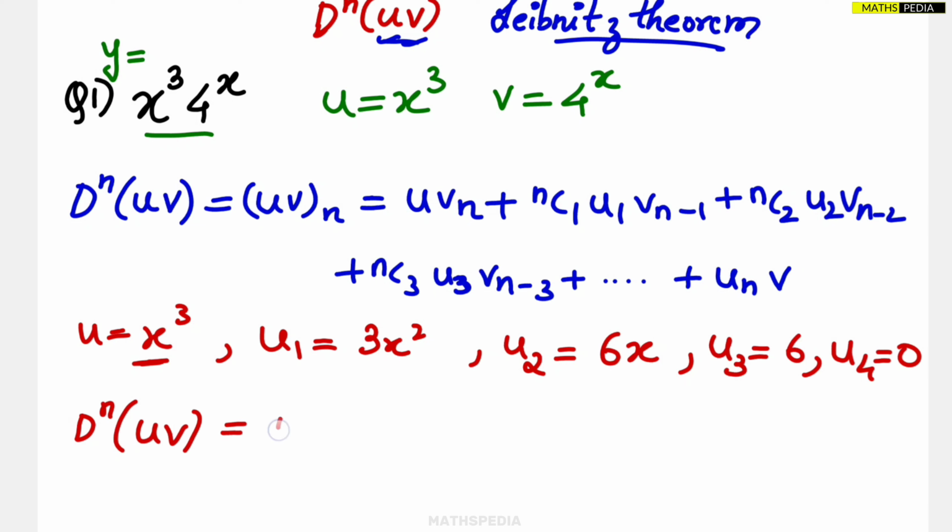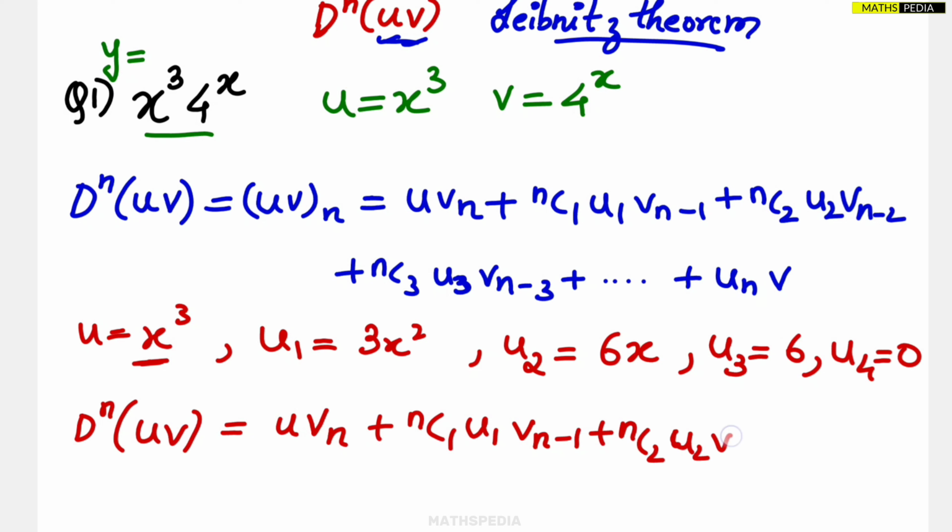So it is u vn plus nC1 u1 vn minus 1 plus nC2 into u2 vn minus 2 plus nC3 into u3 vn minus 3. So where you have to stop? Here we have to stop, because we have got u3 as 6. u4 we cannot write because it will become 0 directly. So here we have to stop the answer.